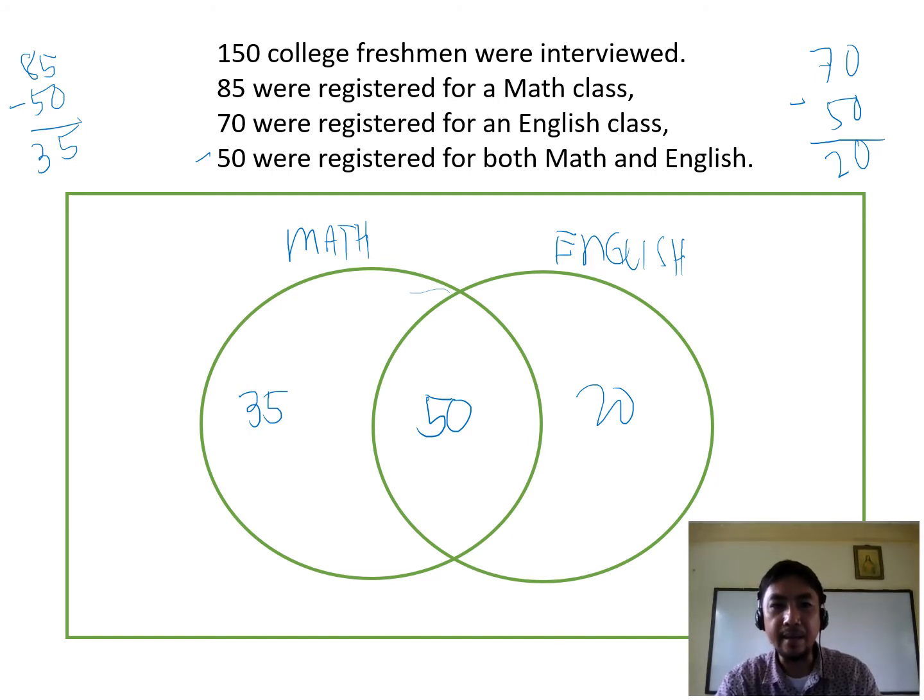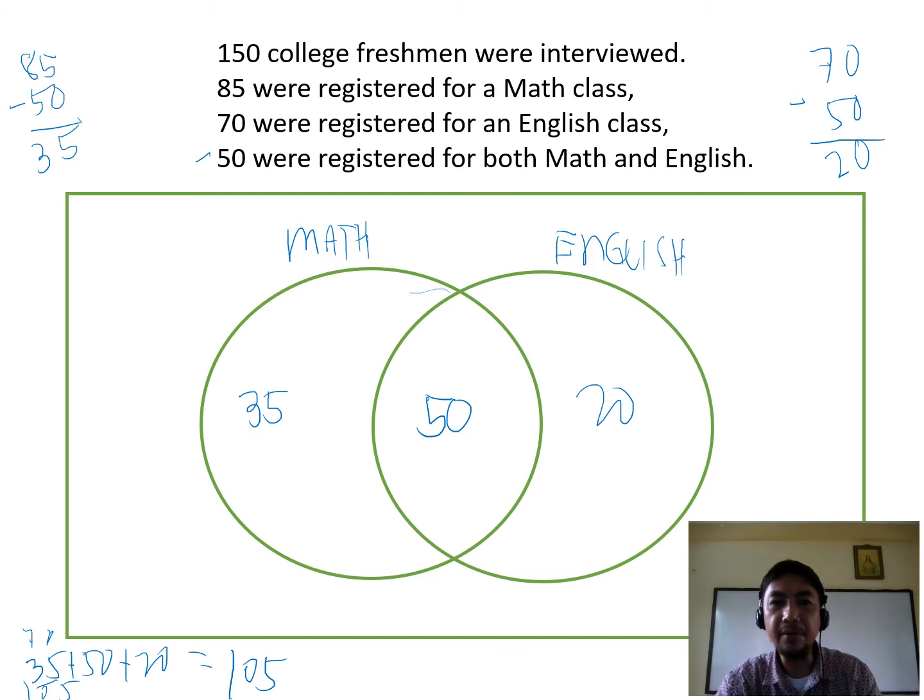Now, kung makikita natin, kung i-add natin yan, 35 plus 50 plus 20, ang lalabas po doon ay 105. 50 plus 20 is 70. 70 plus 35 is 105. In other words, ito po yung total ng freshmen registered in math, English, and both math and English.